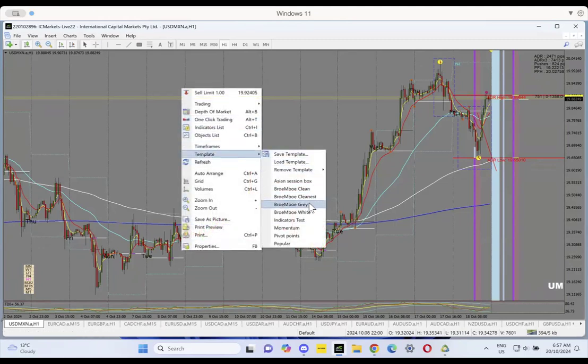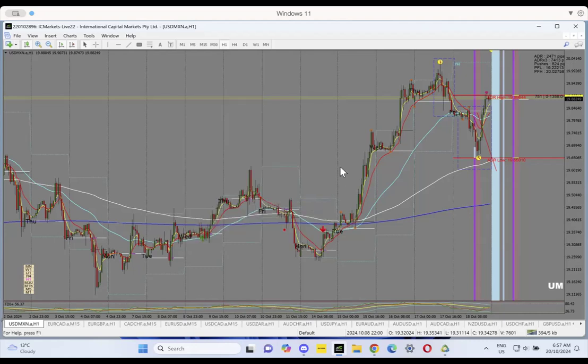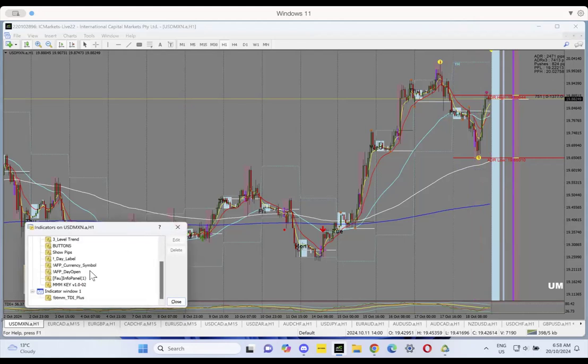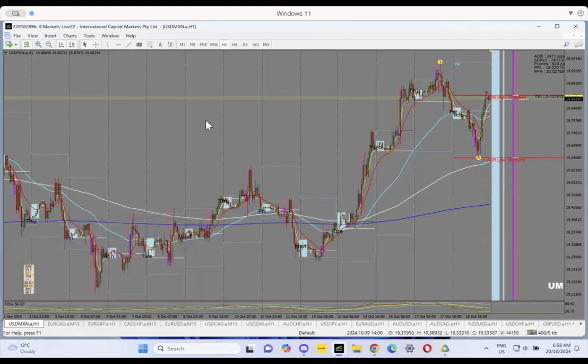I've got a couple of templates here, a lot of them that I'm trying out. And don't worry about these arrows that you see here. Working on an indicator. So I'm still trying to test it and see how I can modify it. So don't worry about that.